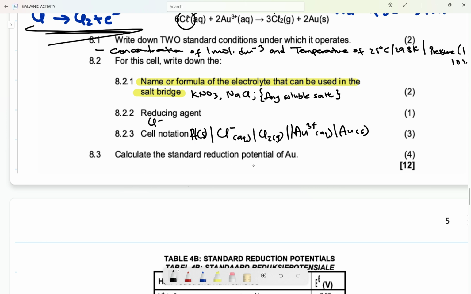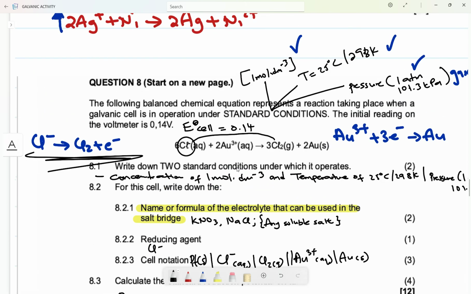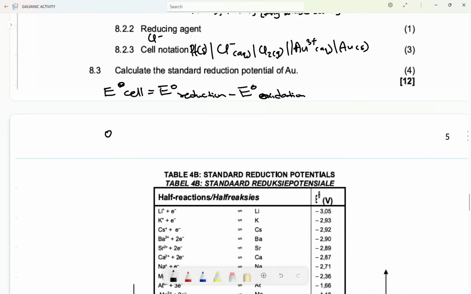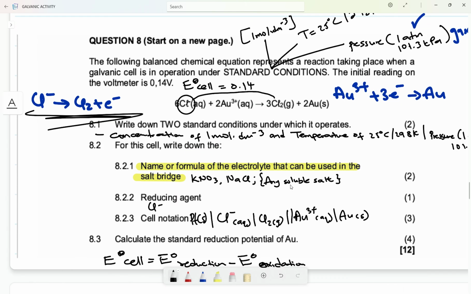And then calculate the standard reduction potential for Au. Remember, we are already given E naught of the cell. It is equal to E naught that undergoes reduction minus E naught that undergoes oxidation. E naught of the cell we are already given to be something like 0.14. Then the reduction part, which one undergoes reduction?